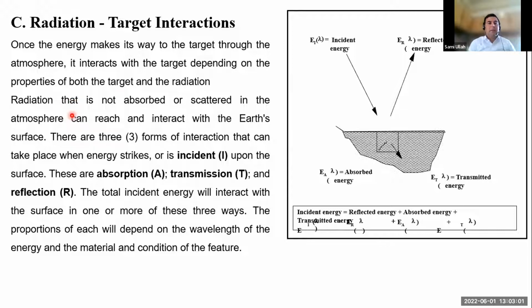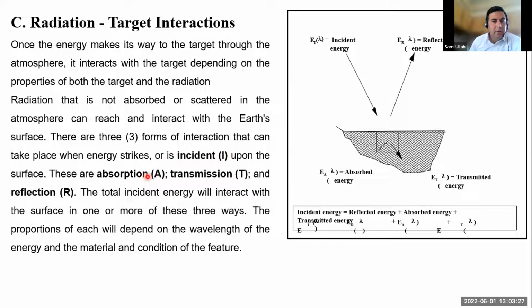The radiation that is not absorbed or scattered in the atmosphere reaches the ground. The electromagnetic radiation which passes through the atmosphere and reaches the ground, we call incident radiation.